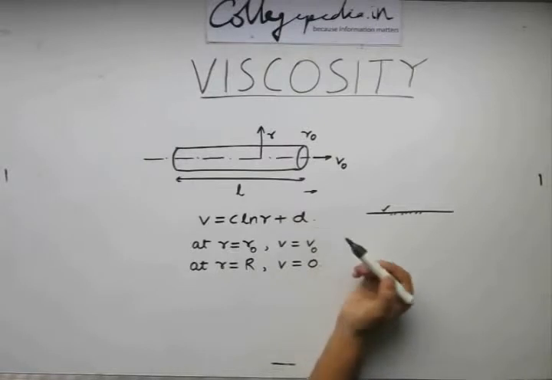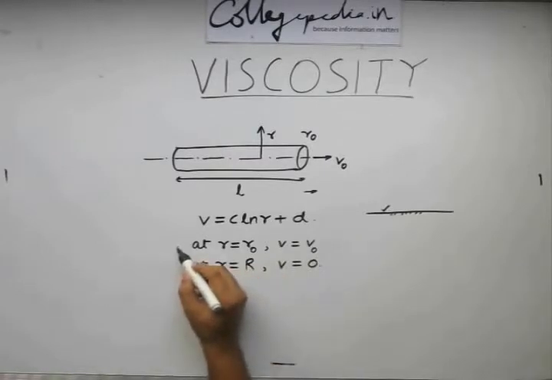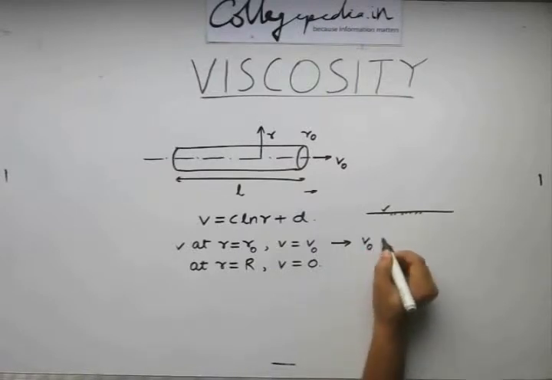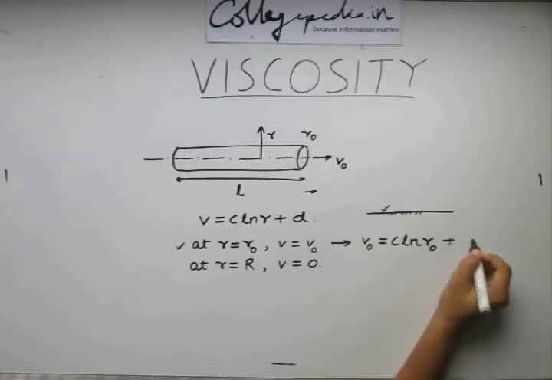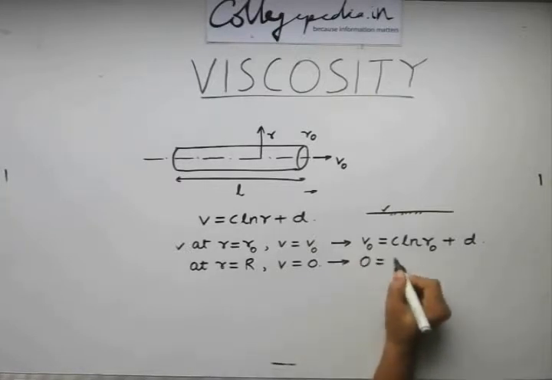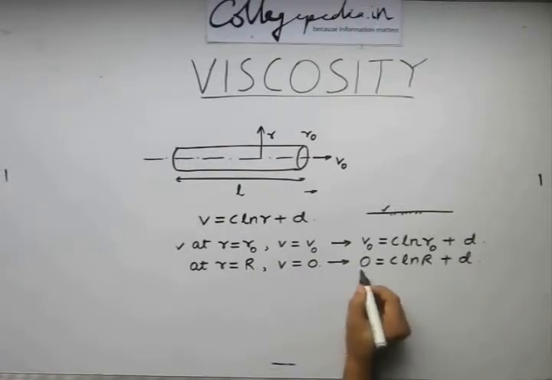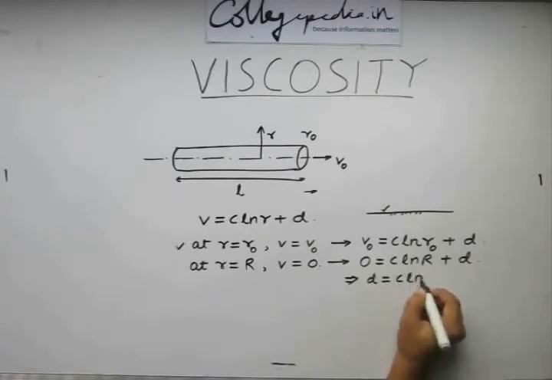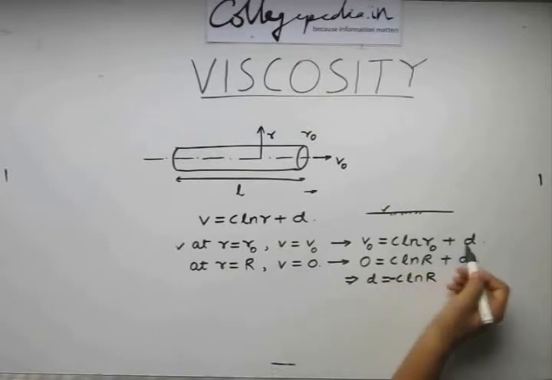If we put them back here, what we get is, considering the first condition now, from this we get v naught being equal to c ln of r naught plus D. From this we get 0 being equal to C ln of capital R plus D. From this equation we get D to be equal to minus C times ln of R. We put this D back here.